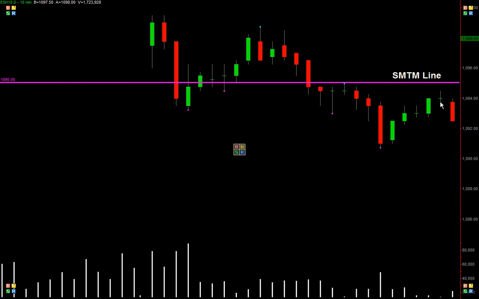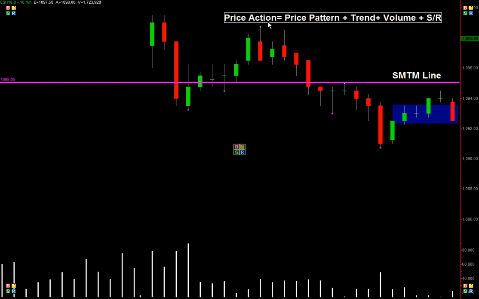But with reading price action, if you don't take everything into context, you can clearly be deceived and misinterpret these patterns. Some traders trade off a price pattern alone, but I use price action, and I'll show my equation. As you can see, price action equals price pattern plus trend plus volume plus SNR.